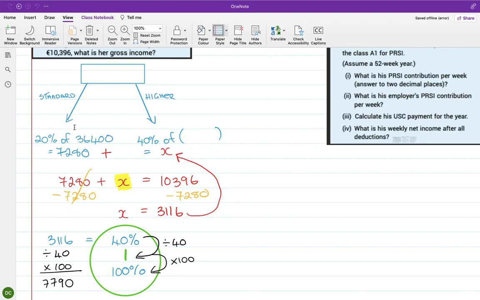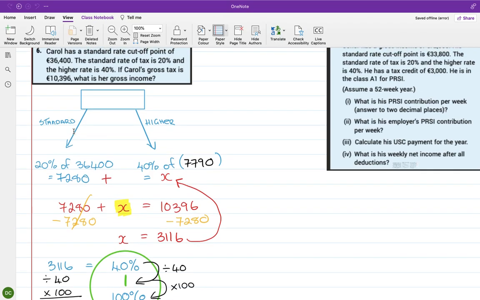So that is what this is up here, 7,790. So then to get your gross, you just add these two. This one and this one.